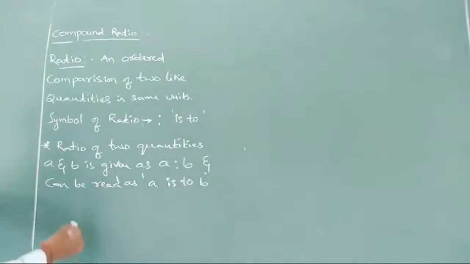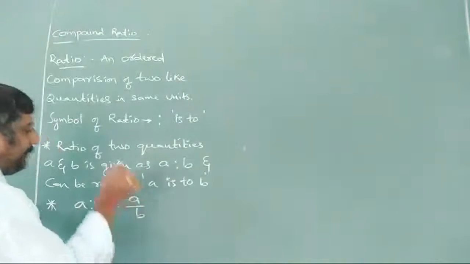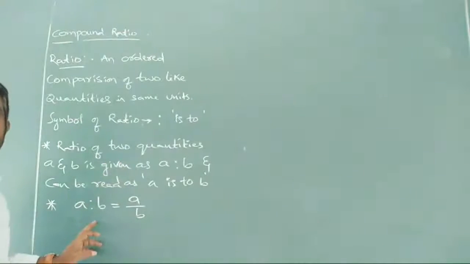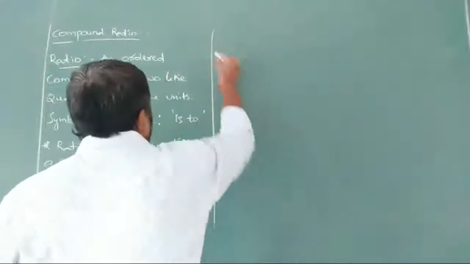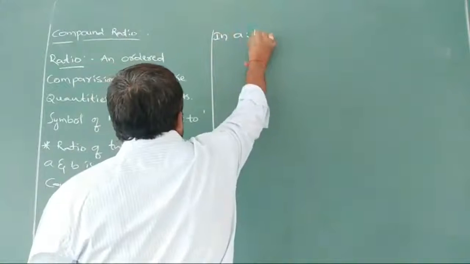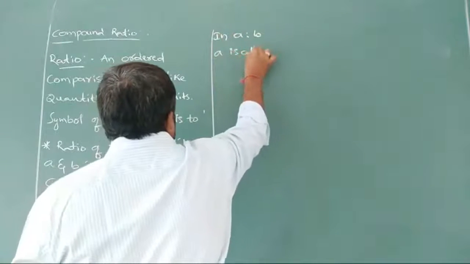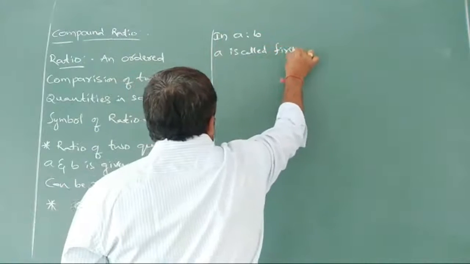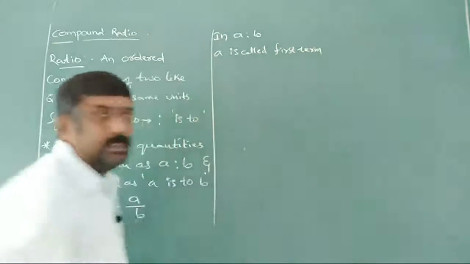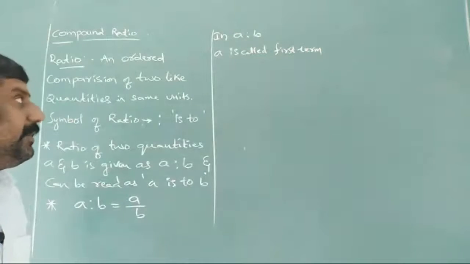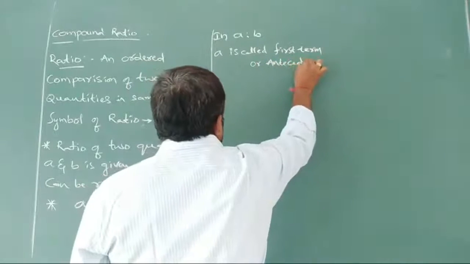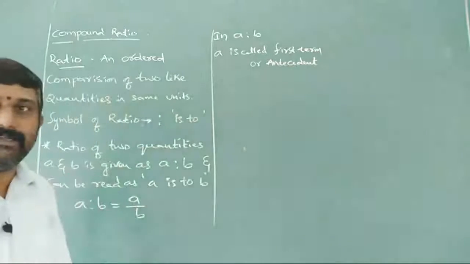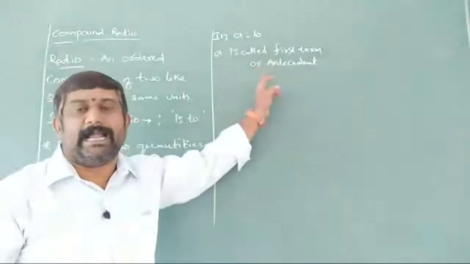Now you observe here, A is to B can be written by division also, like A by B. Now observe here, in A is to B, A is called the first term, or antecedent.